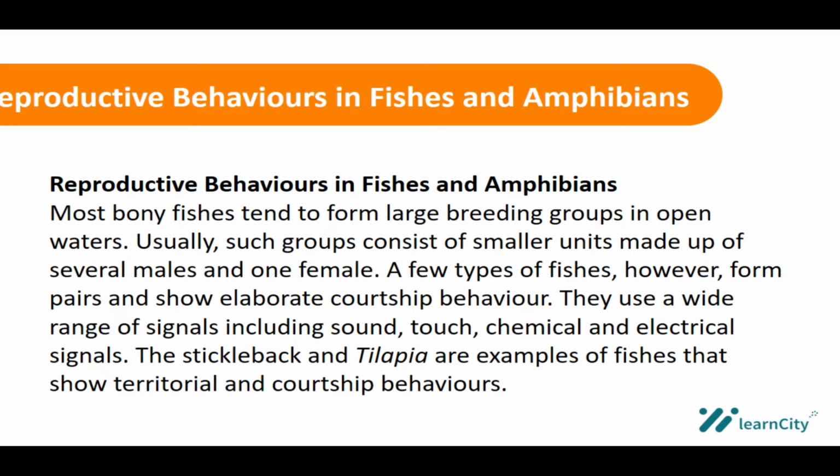These fishes use a wide range of signals like touch, chemical and electrical signals to communicate during their courtship. Examples of fishes that exhibit this kind of behavior include the stickleback and tilapia. They show territorial and courtship behaviors.